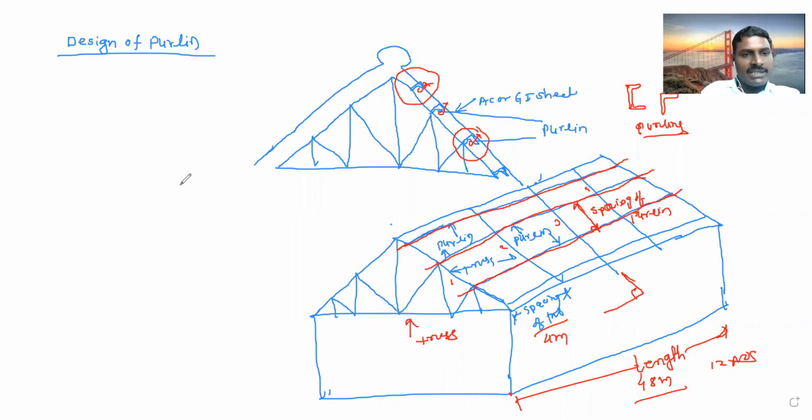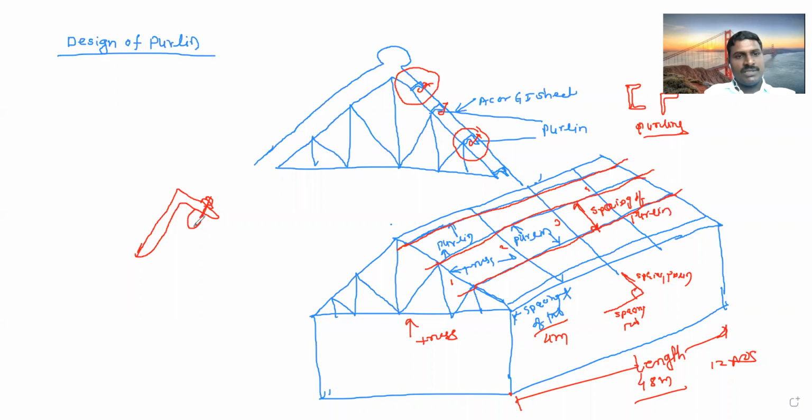Or if we enlarge this, okay, if we enlarge this like this, this purlin, so we can provide this J hook with washer and nut like this.